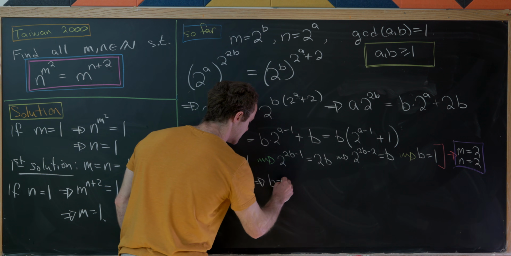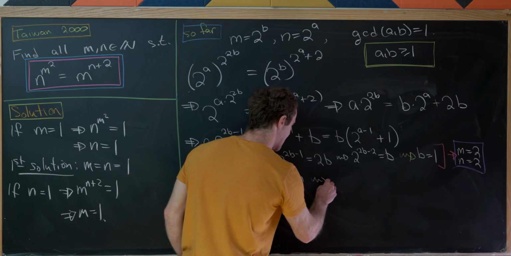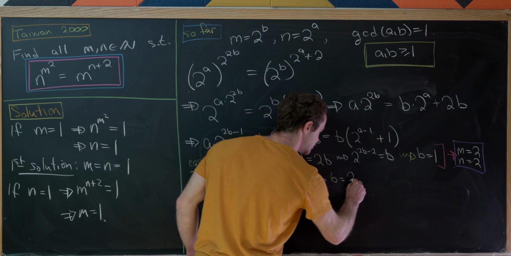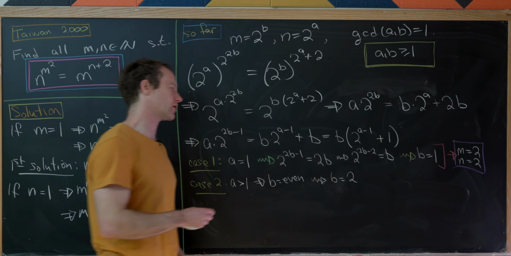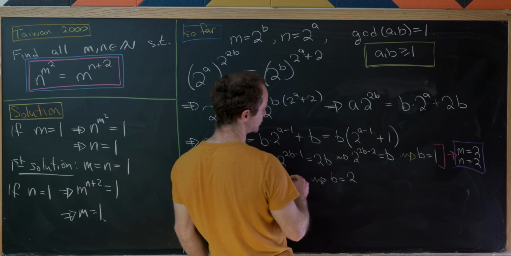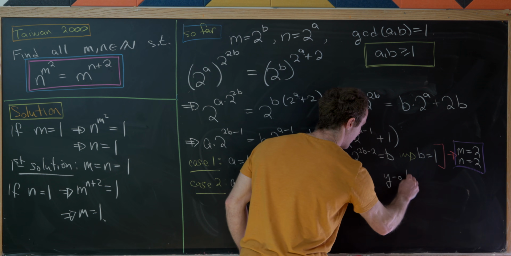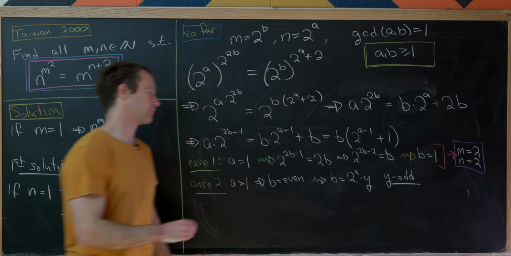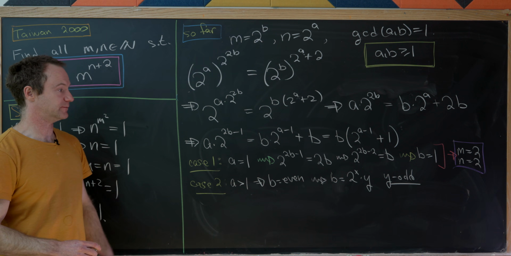So we have b is even. But now let's use that and write b as 2 to some power which is large enough to take all of the evenness out. What should we call that? Maybe 2 to the x times y, where y is an odd number. Okay, so we factored all of the evenness out of b.